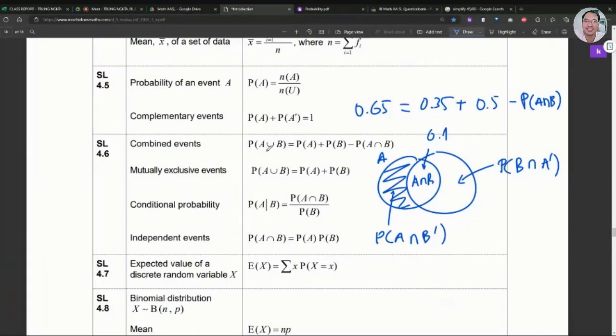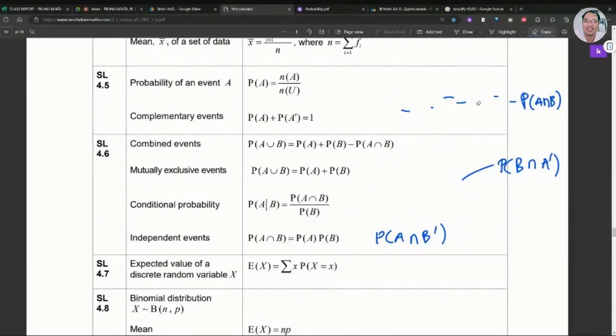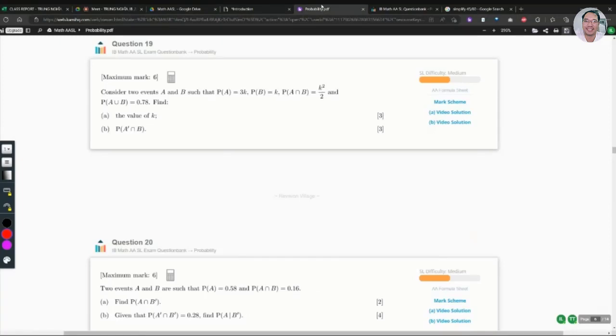Prop of A or B is PA plus PB minus P of A and B. Okay, now replacing the values: PA is 3K, PB is K, and A and B is K squared over 2, and A or B is 0.78.